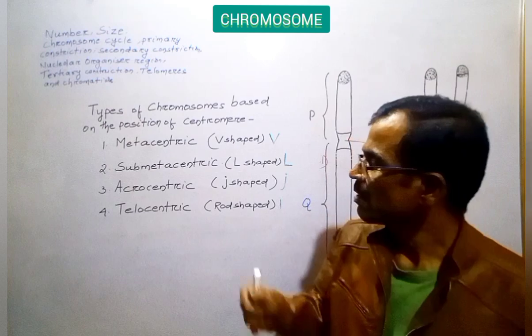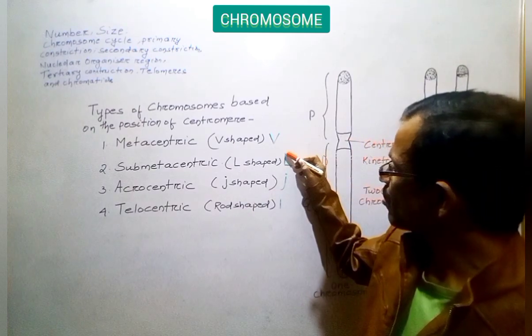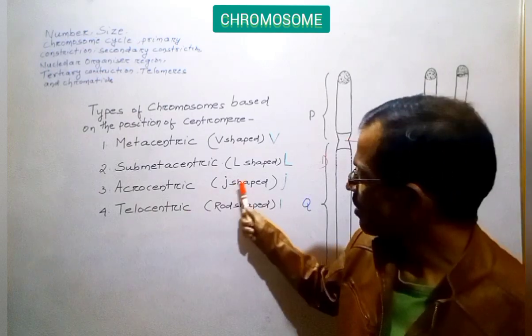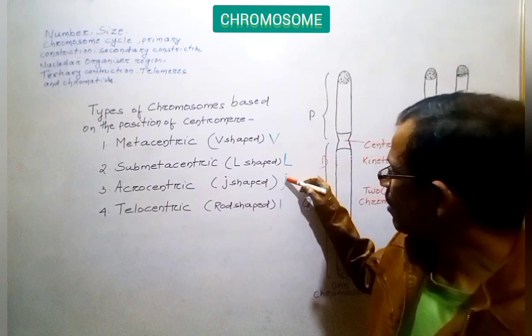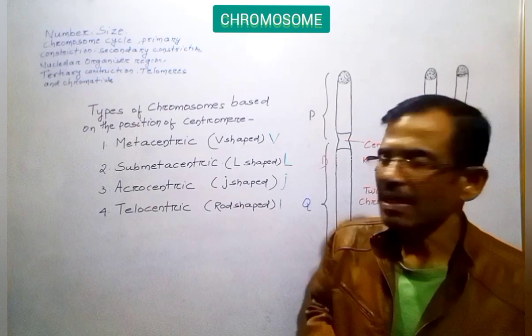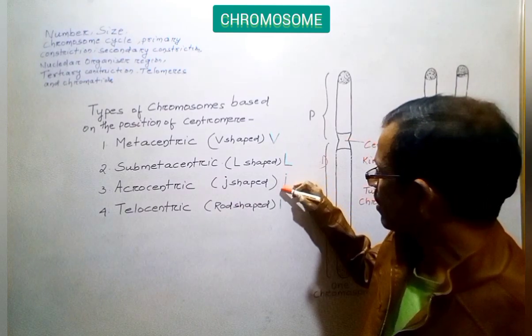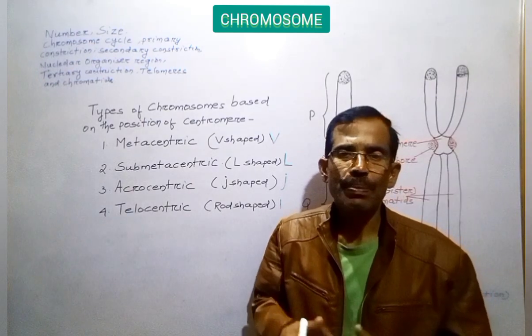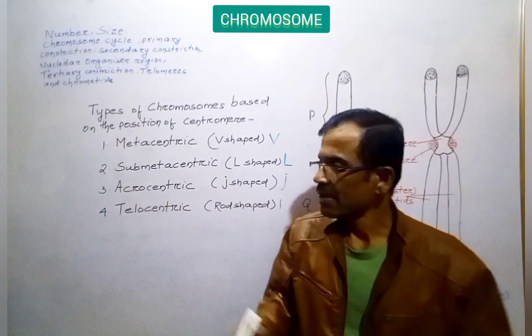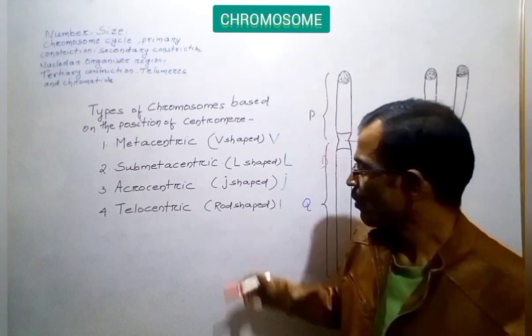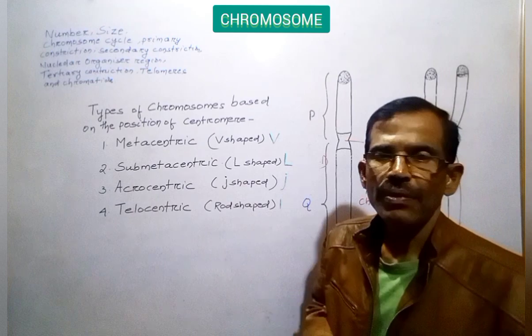As a result, submetacentric chromosomes are L-shaped. But in acrocentric chromosome, the centromere is closer to one end. As a result, such type of chromosomes are J-shaped. But if the centromere is present at the tip, such type of chromosomes are called telocentric, which are rod-shaped.